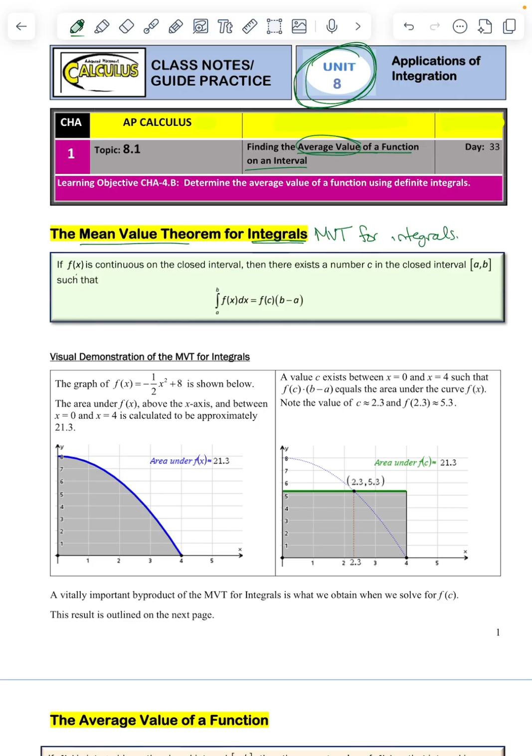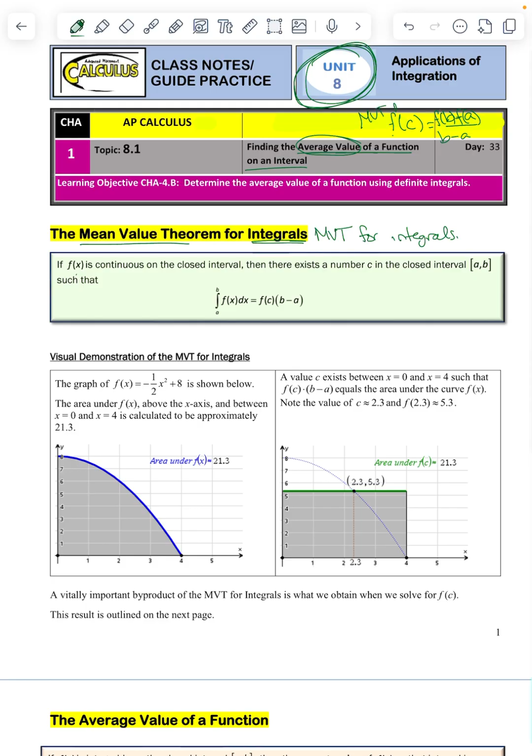When we were doing this for derivatives, just a little side note, we had said that there is a derivative at some point, so there's a slope that is equal to the average slope, f of b minus f of a over b minus a.